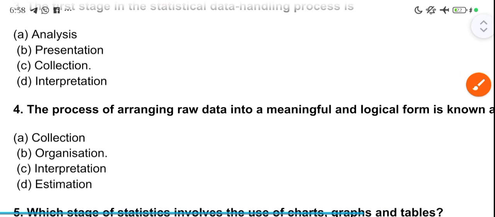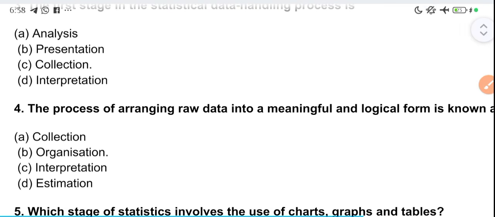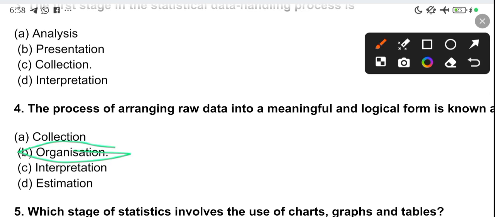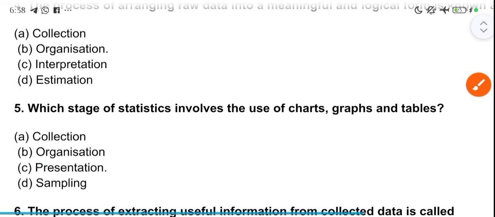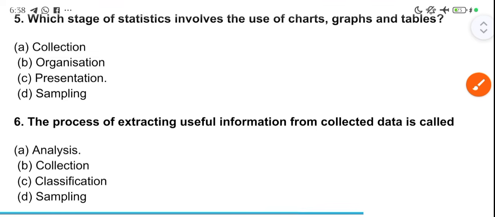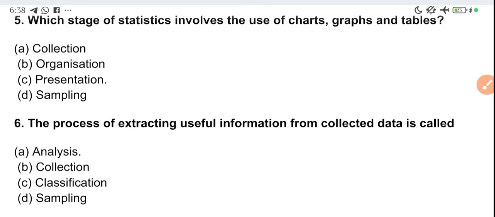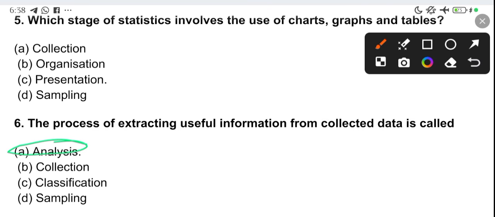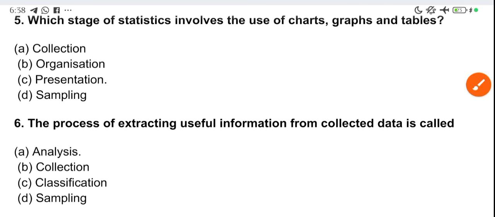Question 4: the process of arranging raw data into a meaningful logical form is known as organization. Question 5: which stage of statistics involves the use of charts, graphs, and tables? That is presentation. The process of extracting useful information from collected data is known as analysis. Of course, that is where you now analyze and extract useful information.